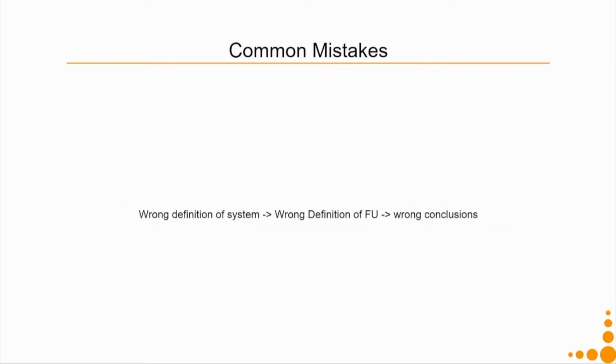So if we go wrong in the system definition, we will go wrong in the definition of the functional unit, and hence we will make wrong calculations. There are times also you can go wrong with the system boundary.